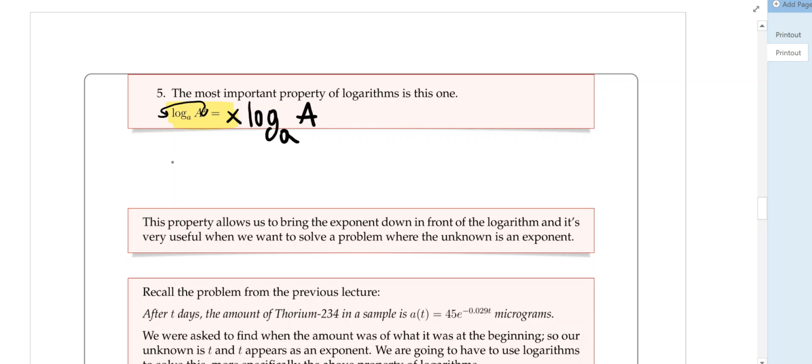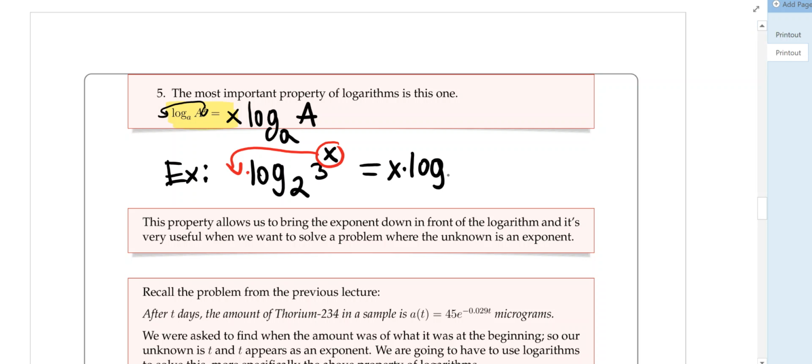So for example, let's do an example in here: log base 2 of 3 to the x. This rule allows me to pull the exponent down in front of the log. So this is going to turn into x times log base 2 of 3.